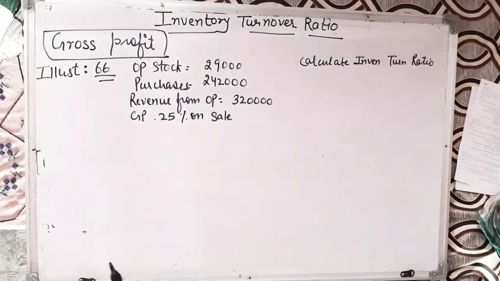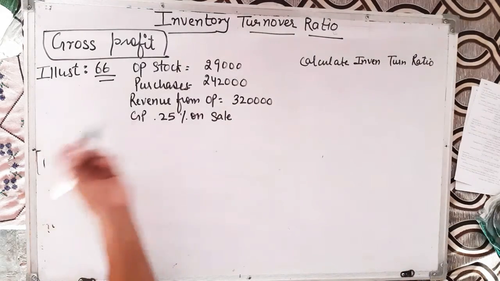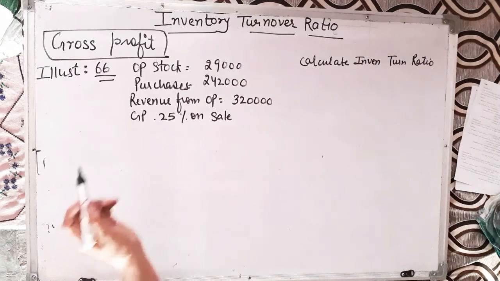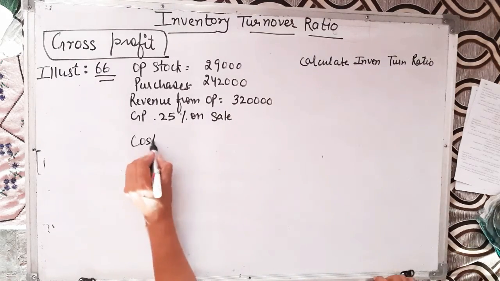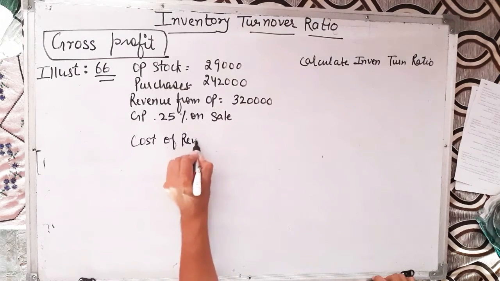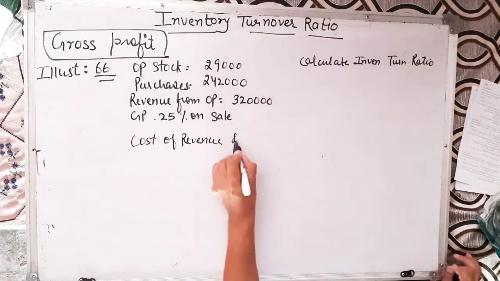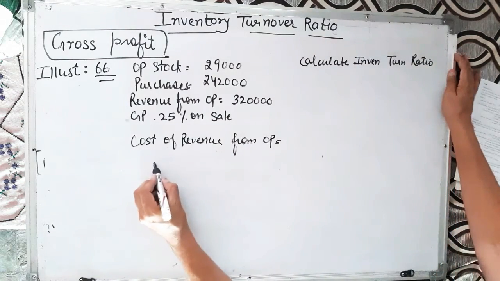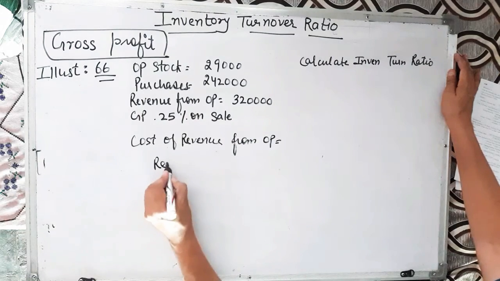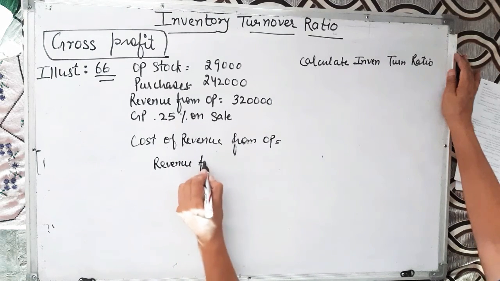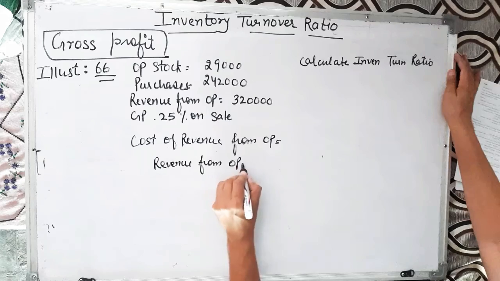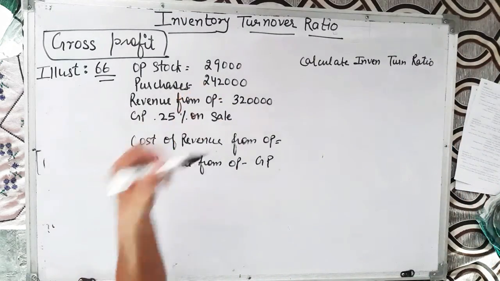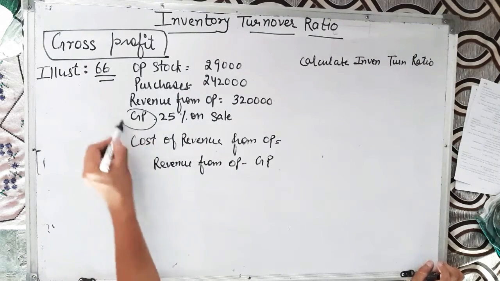Okay. So as we know that we need two components. First one is the cost of revenue from operation, divided by average stock. So cost of revenue from operation is equal to revenue from operation minus gross profit. Revenue from operation is given 3,20,000 and GP is on sale.